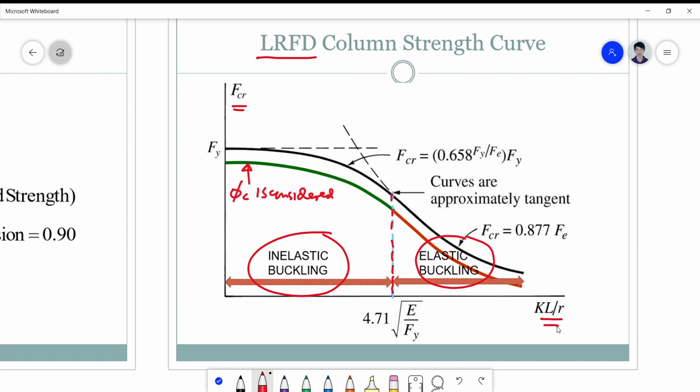Okay, so you call this now your slenderness ratio factor, and you call this now your strength or your critical buckling load or stress. Okay, so this is the critical buckling stress.